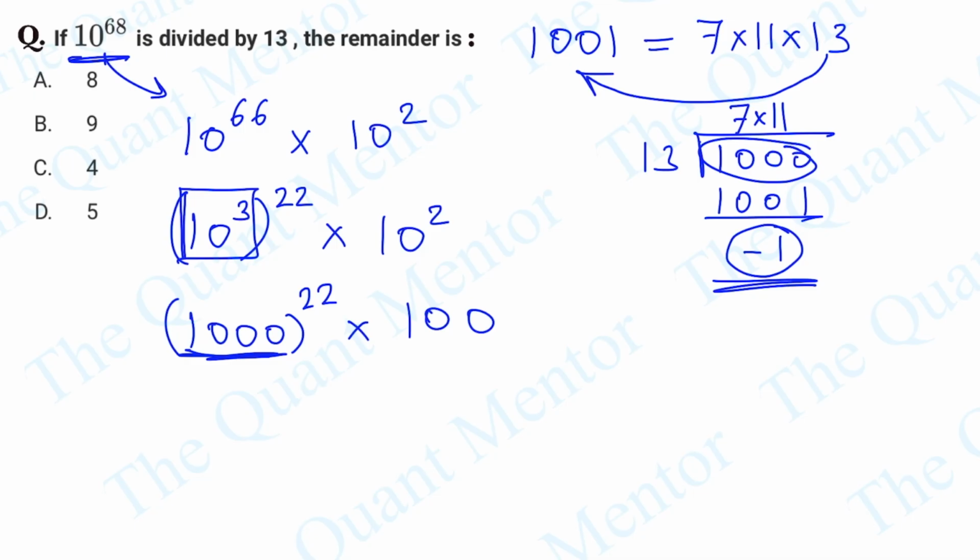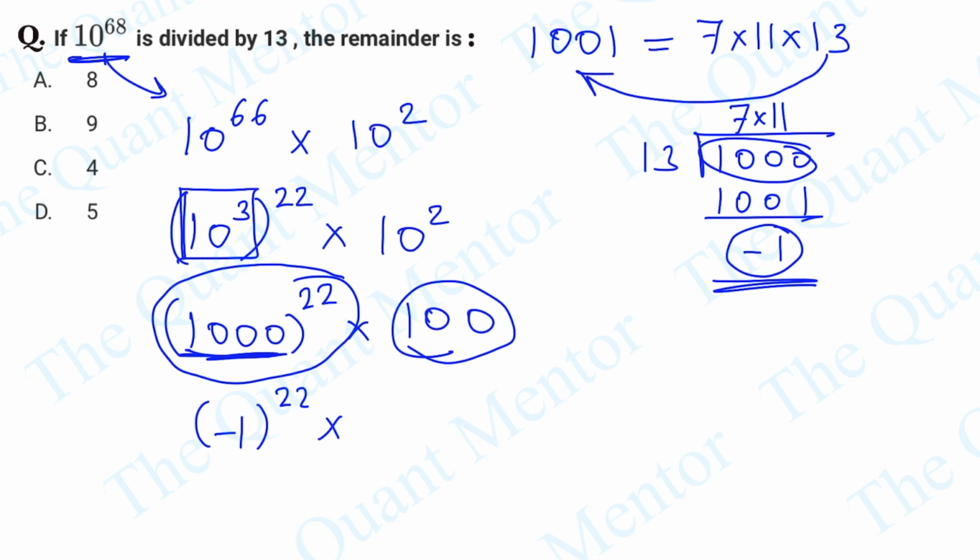That's what we've seen right now. So the remainder of this entire part with 13 will be minus 1 raised to 22 into 100 divided by 13. 13 sevens are 91. The remainder is 9. Finally, the remainder is minus 1 raised to 22, which is 1 into 9. 1 into 9 will be 9. And this is my B option. Simple question, and that's how we solve it.